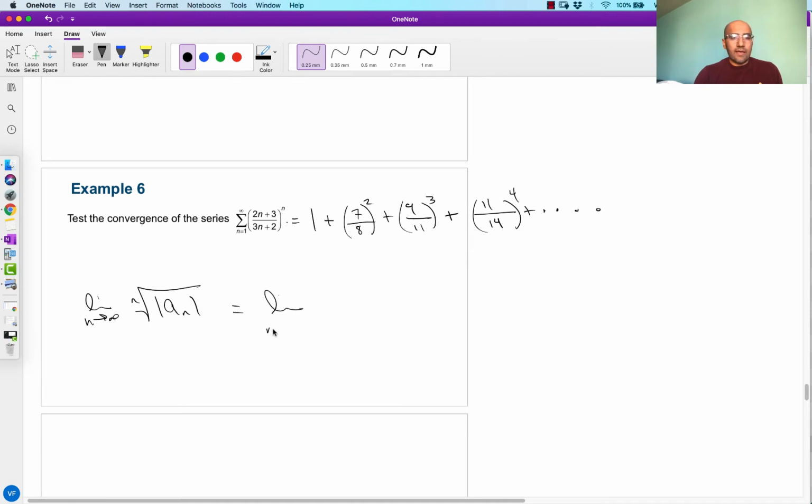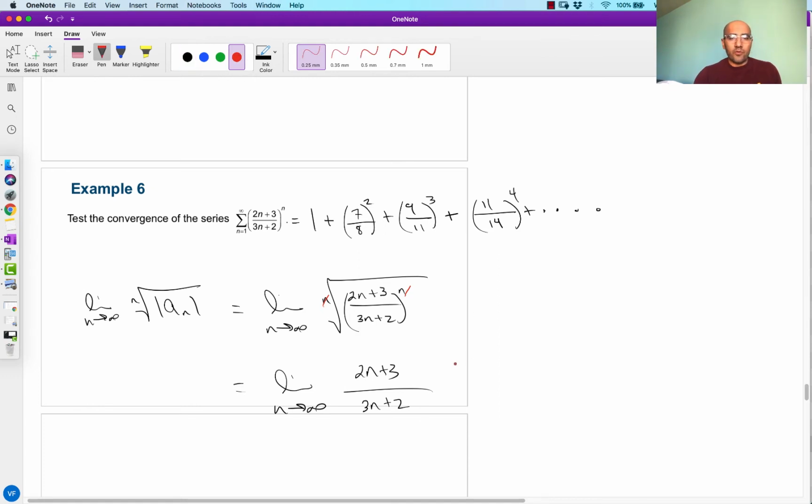We're going to do the limit as n goes to infinity of 2n plus 3 all over 3n plus 2 to the power of n, and then the nth root of that, which means these two operations undo each other, and we end up with just the limit as n goes to infinity of 2n plus 3 all over 3n plus 2.